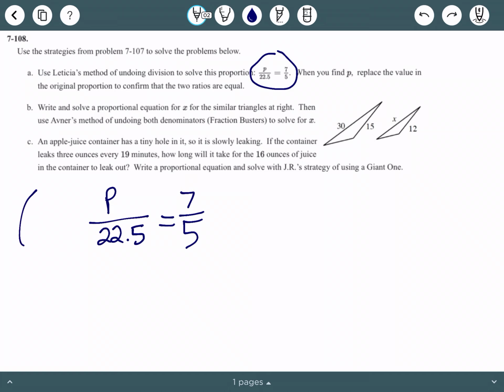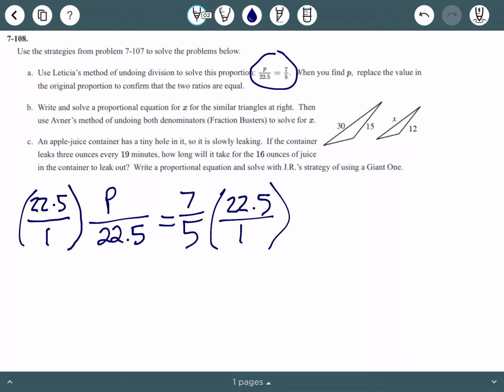So I'm going to go ahead and do that. Now I prefer to put it over 1 just because I think it's easiest, if we're dealing with fractions, to deal with all fractions.